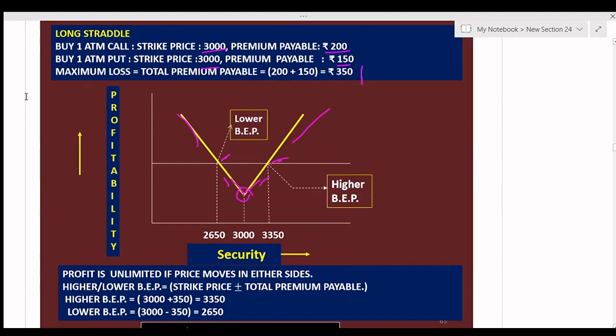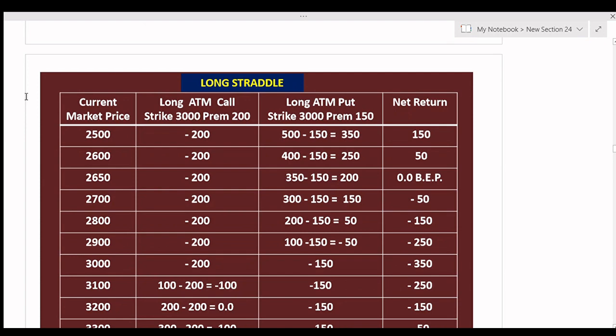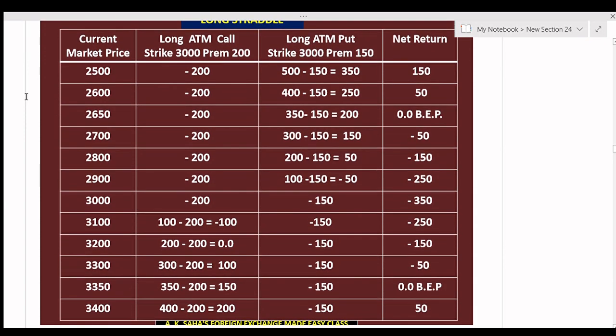Now here, buy one ATM, strike price is 3000 and premium payable is 200, and for the put, premium is 150. Here in the table, up to the point 3000, the trader will lose the premium paid 200, that is fixed, and up to the point 3000 for the ATM put, the trader will lose up to the premium paid 150.